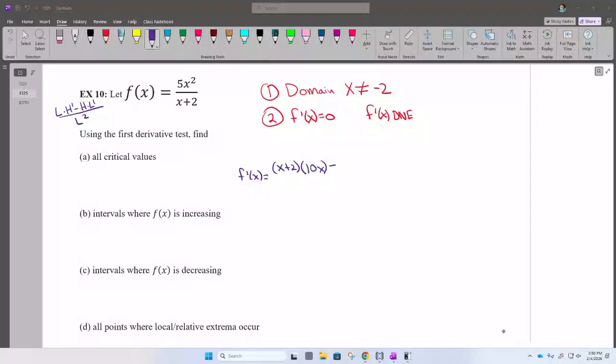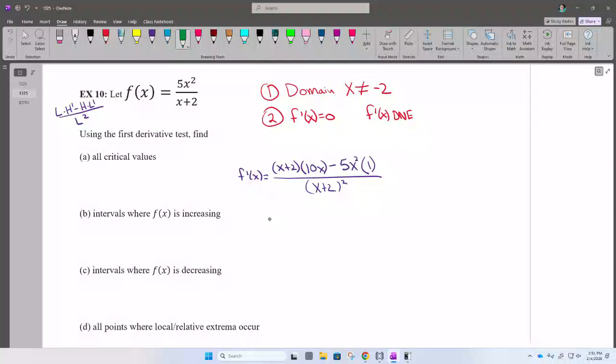Minus high, just going to write it down. D low, the derivative, is 1. Over the square of what's below. Definitely need to simplify this before I can do anything with it.